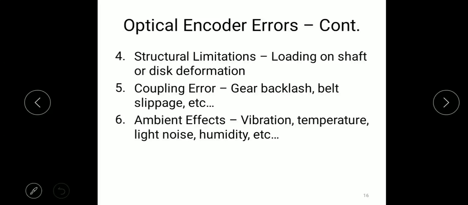Coupling error: gear backlash and belt slippage should be considered. Everything should be properly made, otherwise error may occur. Ambient effects: if there is vibration, it leads to some error. Temperature, noise, humidity and so on also lead to some error.